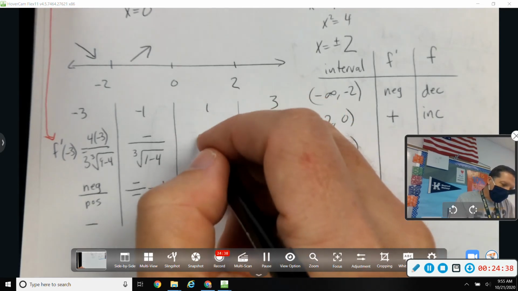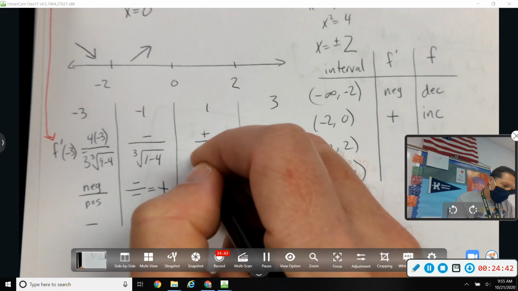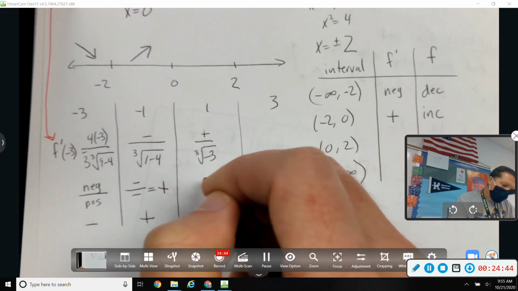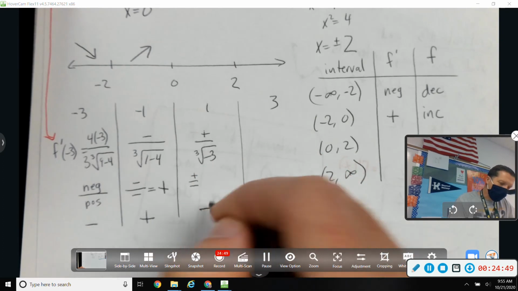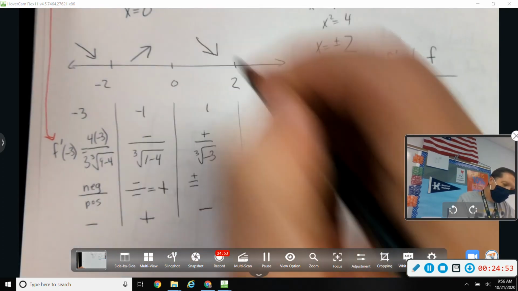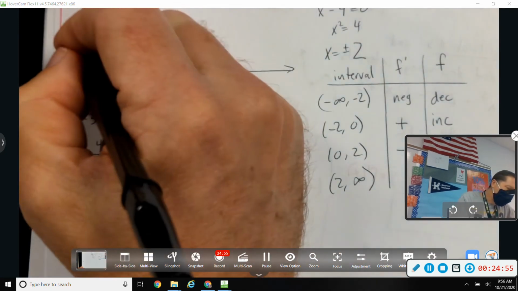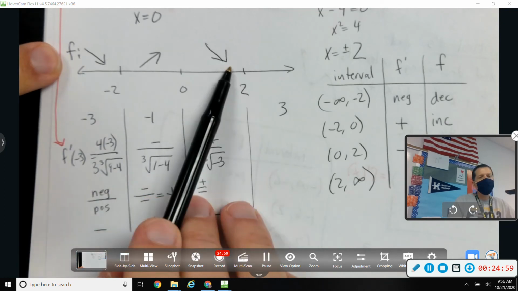I plug in 1, I get positive over cube root of -3. Positive over negative is negative. So f is decreasing. I should probably do a better job of labeling. So these arrows represent what f is doing.